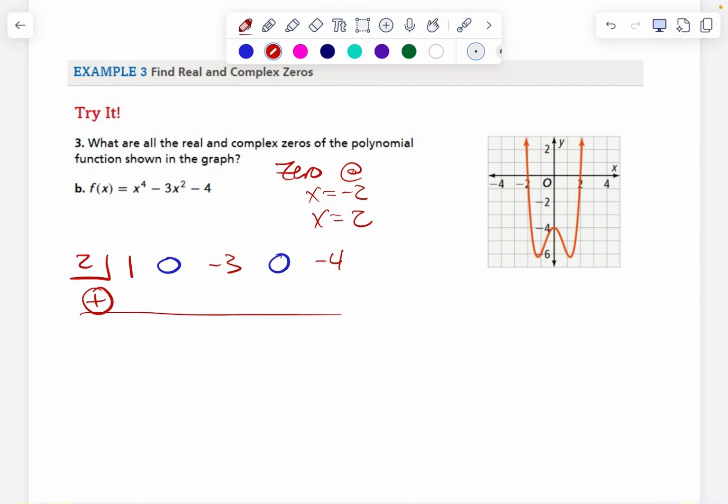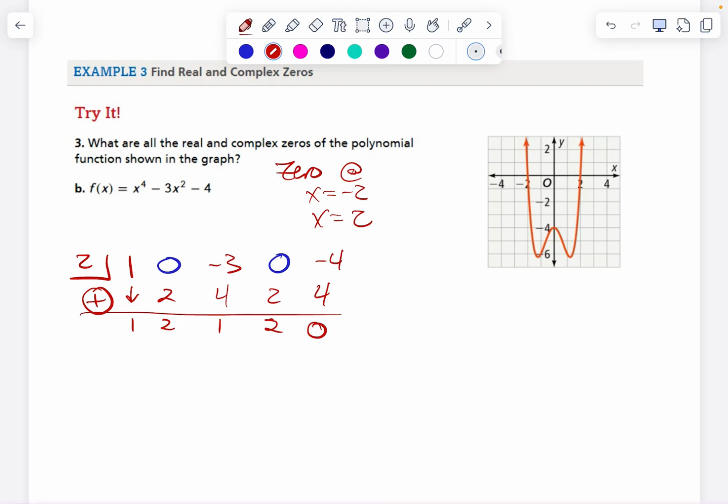Why don't you cruise through that? And you remember, this is a 0. We know it is, so we better get a 0 remainder. And we do.